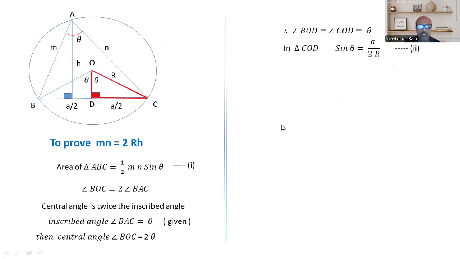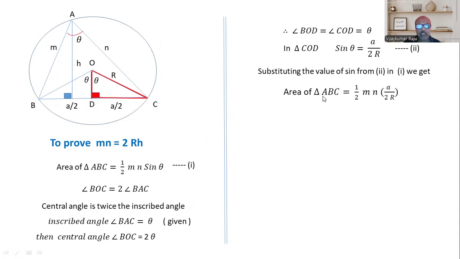Let's substitute the value of sine theta from 2 in 1. We get area of triangle ABC is equal to half into m into n into A upon 2R, that is half m n A upon 2R. Let this be your third equation.